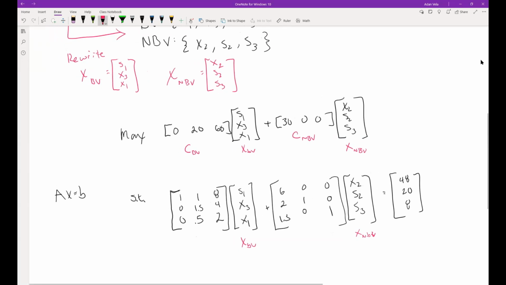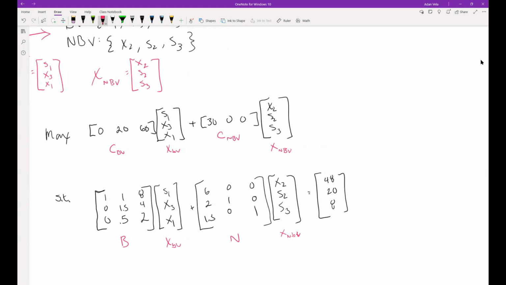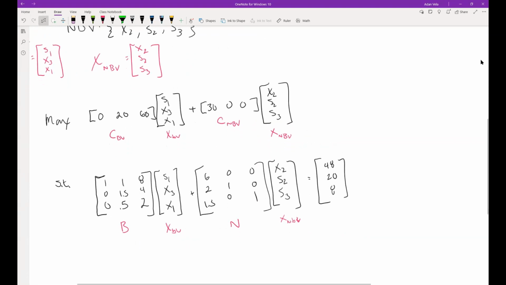So we'll call this guy capital B and this guy N. And again, the way that you can think about this is the A matrix for the basic variables, and this is the A matrix for the non-basic variables.